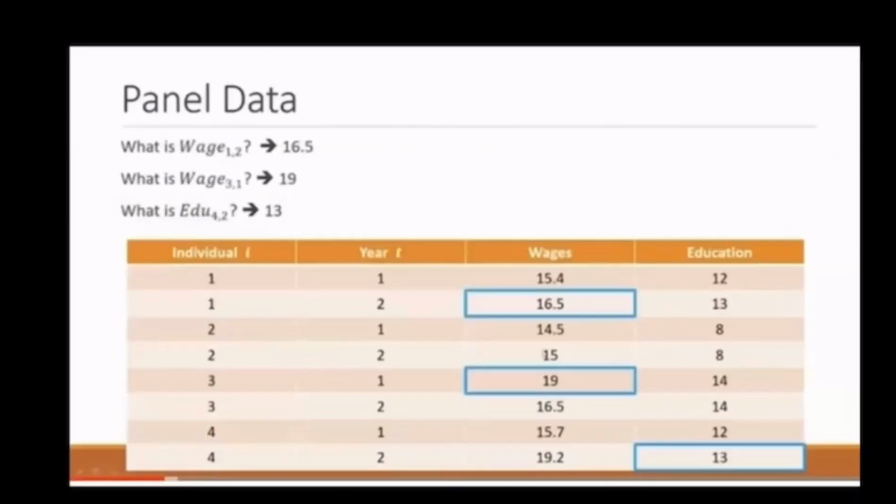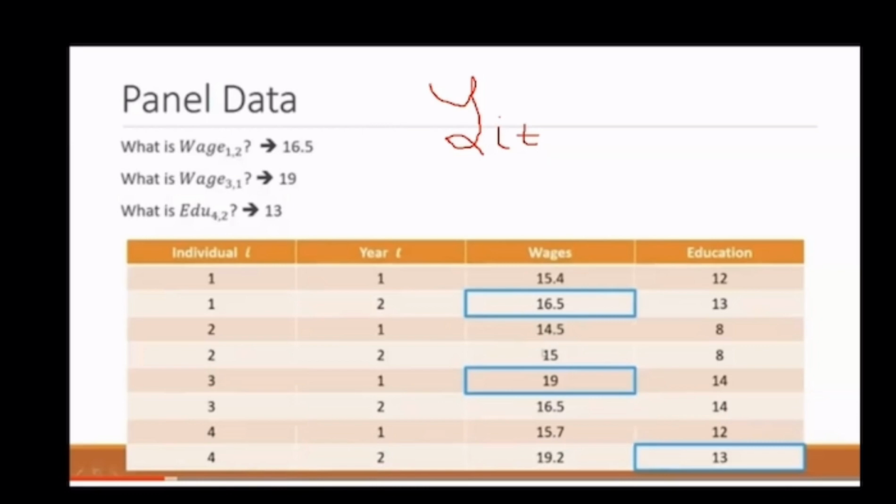If the wage is Y, I'm going to have Y subscript i and t. i represents the cross-sectional component and t represents the time component. Does that make sense? I'm going to say that again: i represents the cross-sectional component and t represents the time component.